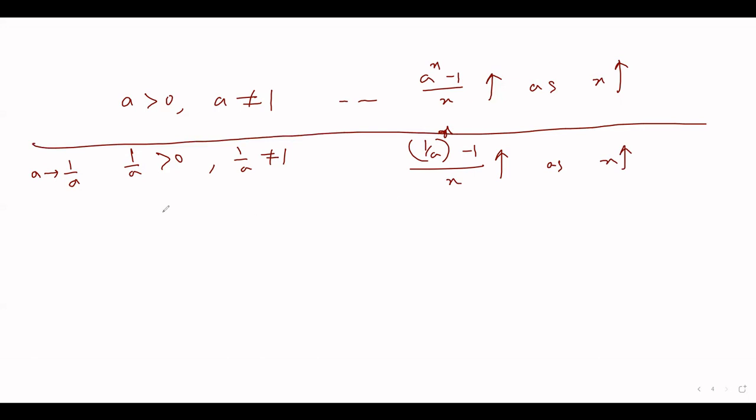So this would mean just a is positive. This would mean a is not 1. And this would mean a to the power minus x minus 1 by x increases as x increases.